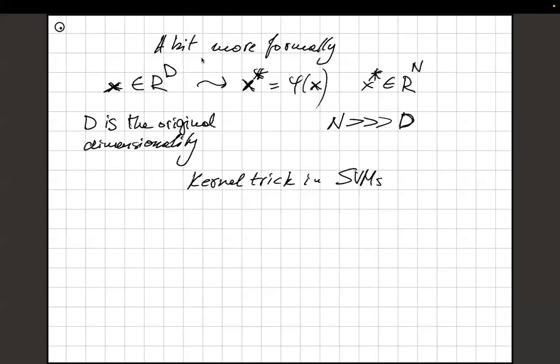Very briefly, take L prime, the dual problem, and identify this dot product, xi dot xj.